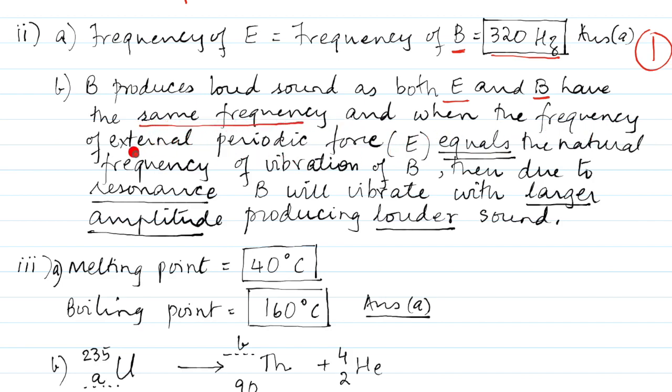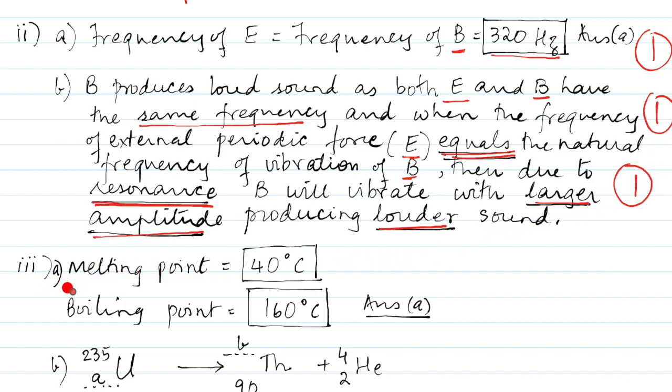And when the frequency of the external periodic force, that is E, equals the natural frequency of vibration of B, then due to resonance, can you see how I'm underlining the keywords? B will vibrate with a larger amplitude and will produce louder sound. So here we say they have the same frequency, resonance and larger amplitude, that would be your 3rd point. So we have this for 3 marks.